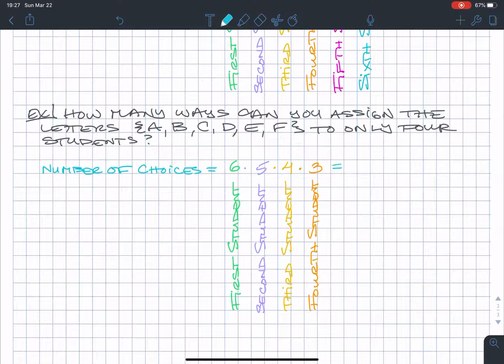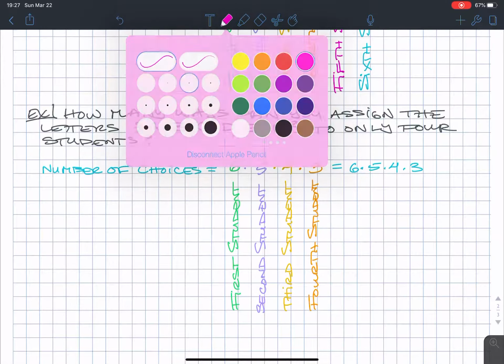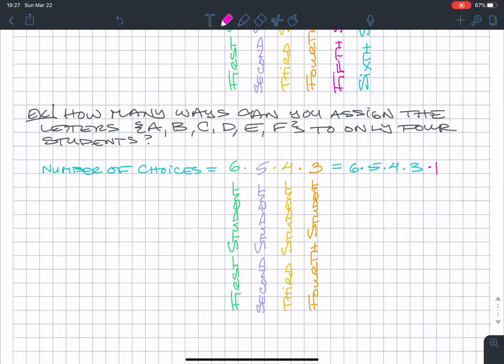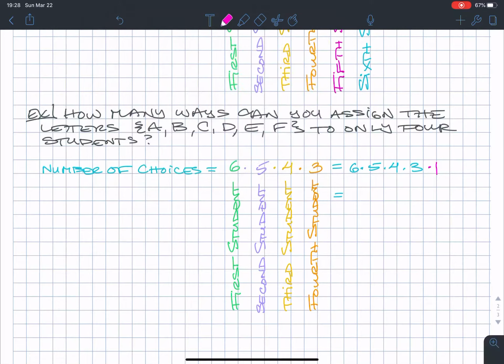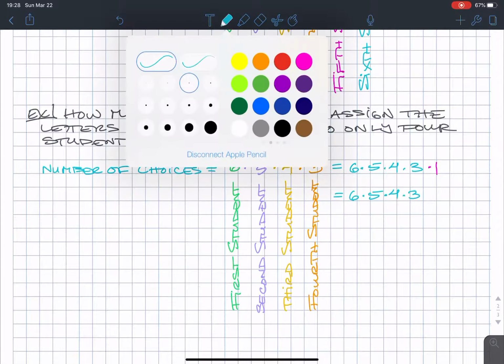So I claim this is 6 times 5 times 4 times 3, and I can multiply anything by 1 and it remains unchanged. Agreed? So I'm going to multiply that by a very specific one, namely 2 factorial divided by 2 factorial. What is 2 factorial?